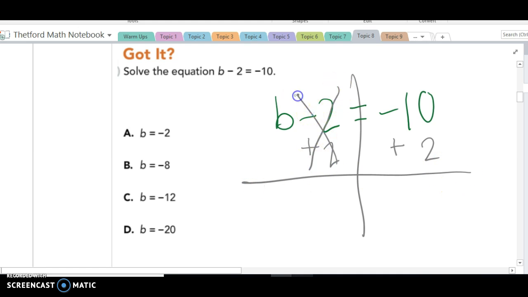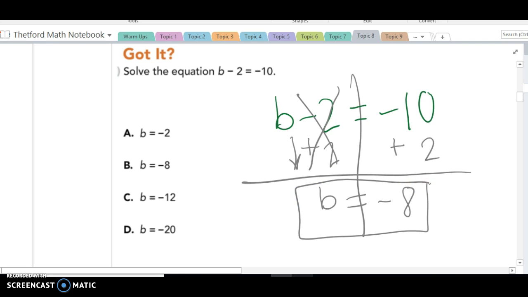These cancel out because they're inverses. I bring down what I didn't use, which is my variable. Negative 10 plus 2 gives me negative 8. So b equals negative 8.